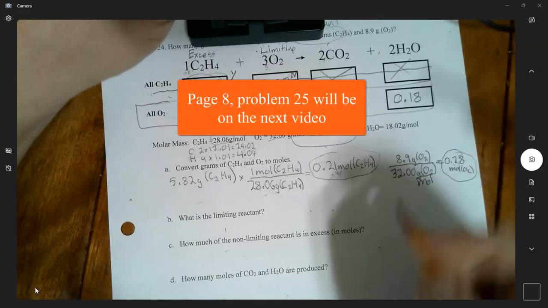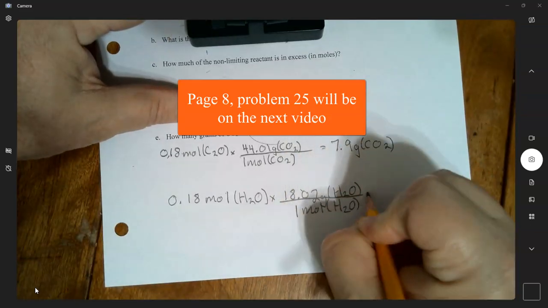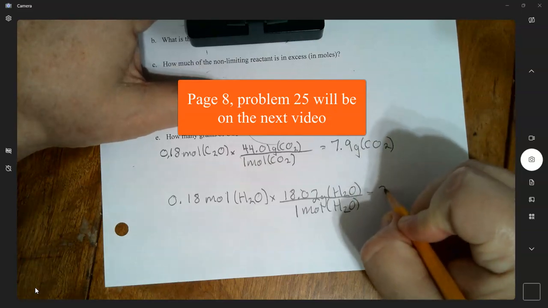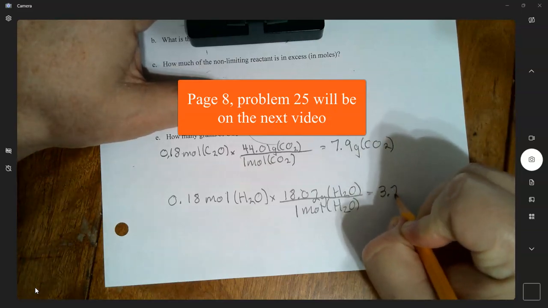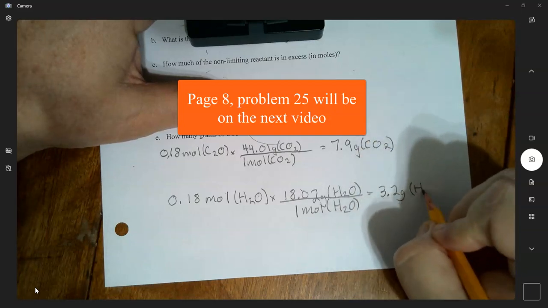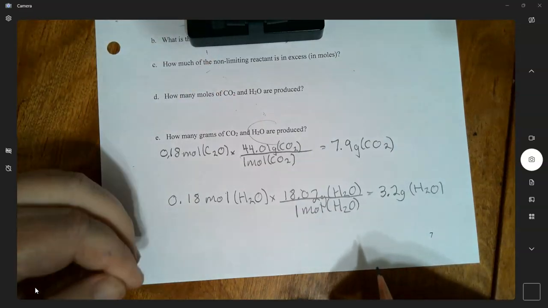And the molar mass of H2O is right there, 18.02. And that's going to give you 3.2 grams of H2O. I'm not concerned too much about significant figures at this point. So that's your final answer for question 24.